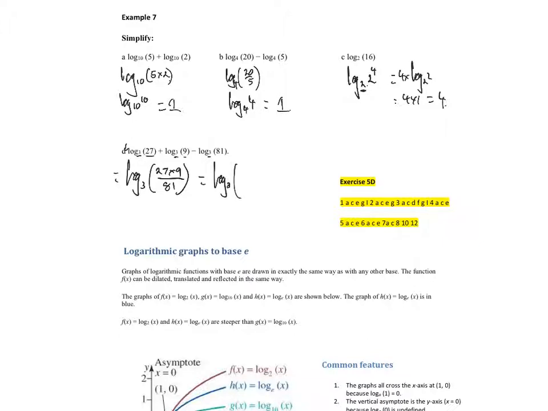Log base 3 of, well, 27 and 81 both have a common factor of 9, so 9 goes into 27 3 times, 9 goes into 81 9 times, and I've got this 9 still left over. Clearly they get cancelled, so I get log base 3 of 3, which is also equal to 1.